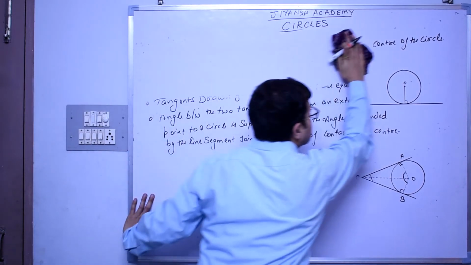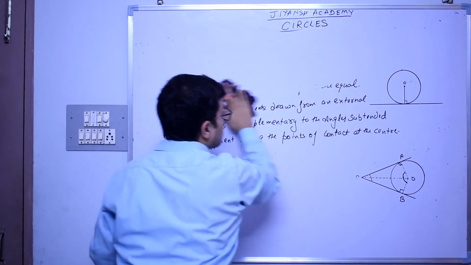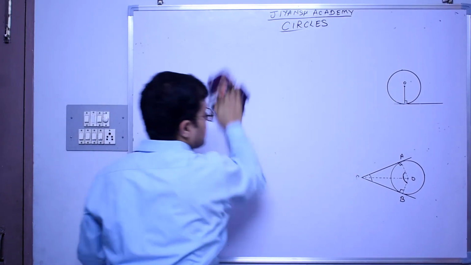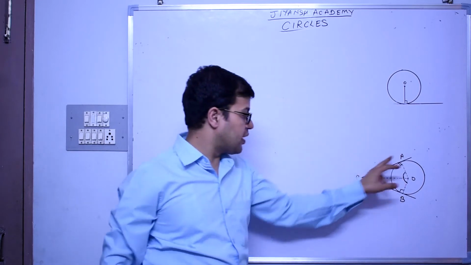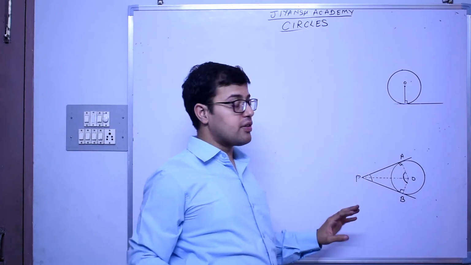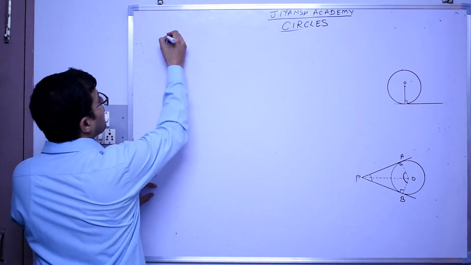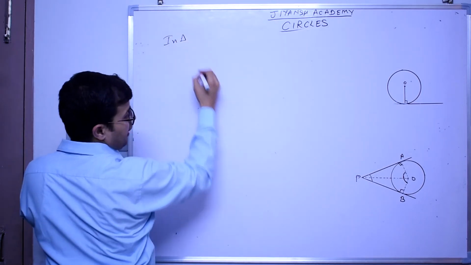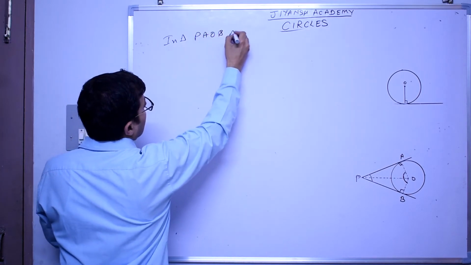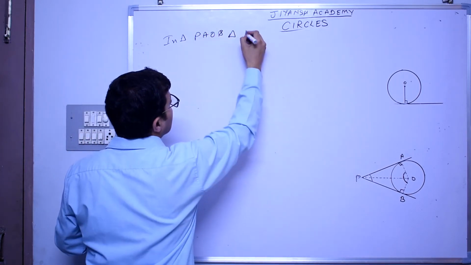Then meanwhile, since this is a very regular question, we'll first of all start proving this. With this same diagram, we can also prove that PA is equal to PB, and we can also prove that these angles are supplementary. So first of all, I'll write in triangle PAO and triangle PBO.